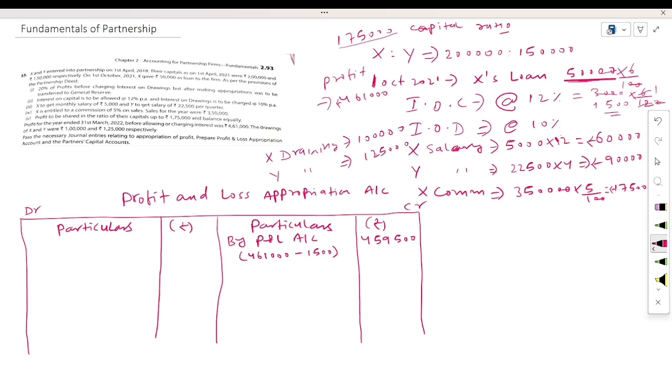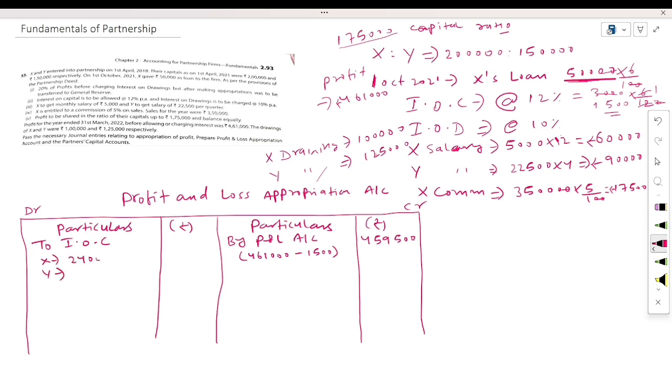So interest on capital is how much? 12%. The amount of capital is given here: 2 lakh and 1,50,000. If you calculate interest, how much will it be? 12% of 2 lakh, it means 24,000. So we will write here interest on capital, X capital and Y capital.